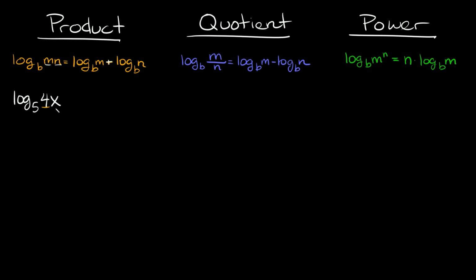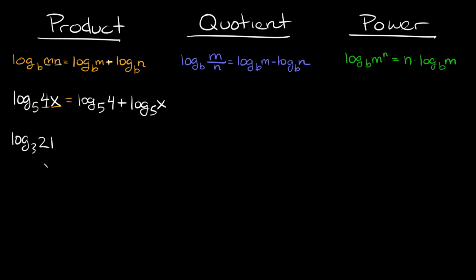Now here we have two numbers, two terms, 4 and x. So we can, if we wanted to, split this up into log base 5 of 4 plus log base 5 of x, okay?